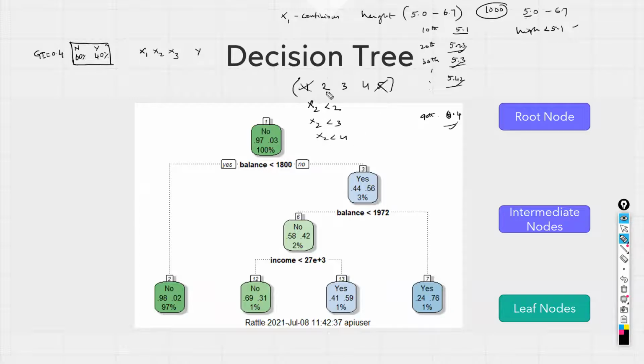No need to try the first and last. So these three will be decided as the splits. Depending upon what variable we have, it would change the approach of how to find the splits. If it is a continuous variable, there will be too many values, so that's why it uses percentiles. If it is a discrete variable, then you can just ignore the first and last and take the middle values as the splits. Okay.